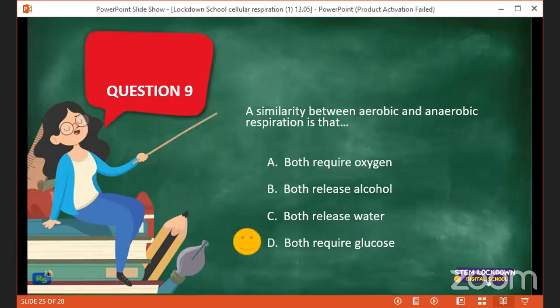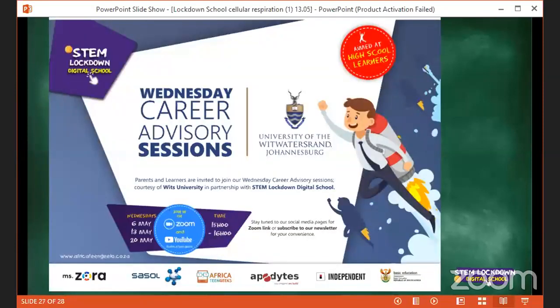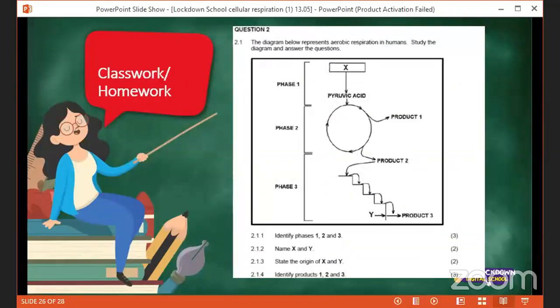But I would like you guys to do this question here for homework. Please take a screenshot of this question and do it this afternoon. Then in tomorrow's lesson, we're going to go through terminology and the particular slide. So please take a quick moment, study the diagram and answer the questions.